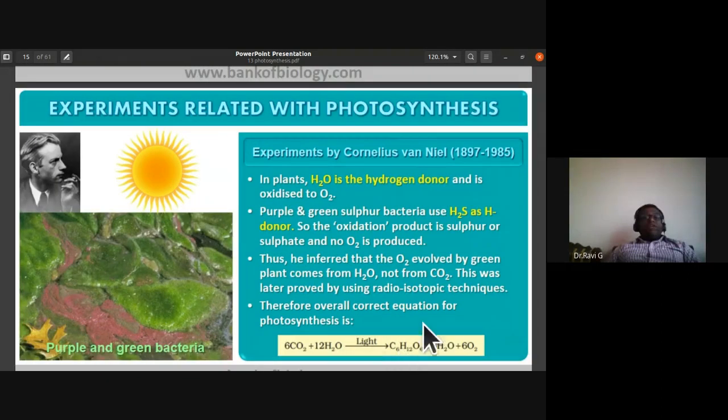Therefore, this is the overall reaction for photosynthesis: 6 molecules of carbon dioxide plus 12 molecules of water, in the presence of light and chlorophyll pigments, produce a single molecule of glucose plus 6 molecules of water, and 6 molecules of oxygen are liberated. So this is the overall reaction of photosynthesis that was obtained after the work of Cornelius van Niel.